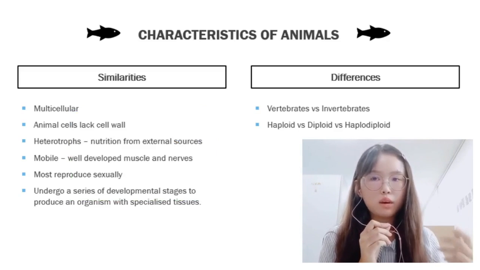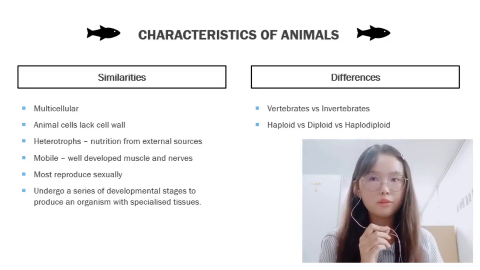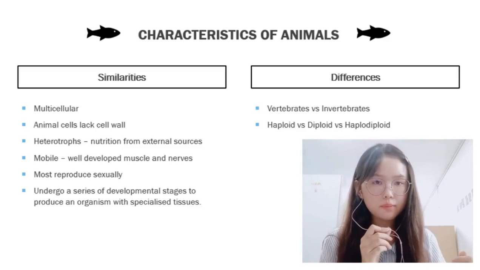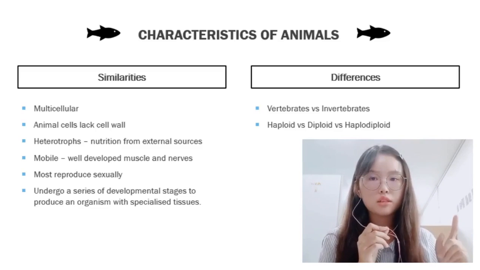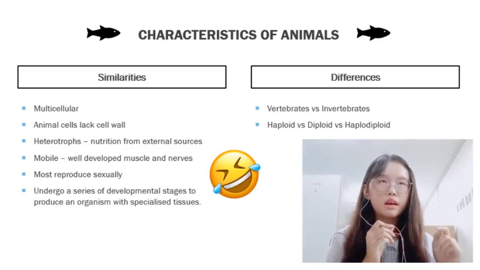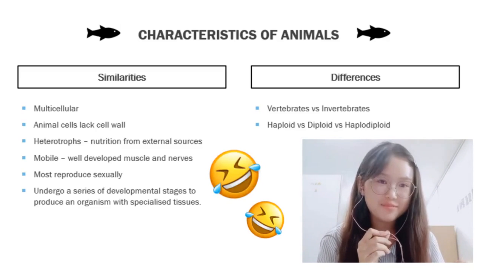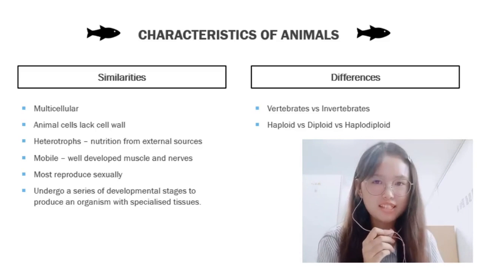They are also mobile because they have well-developed nerves and muscles to help them move around. Most animals reproduce sexually. The last similarity is that they undergo a series of developmental stages to produce an organism with specialized tissues.